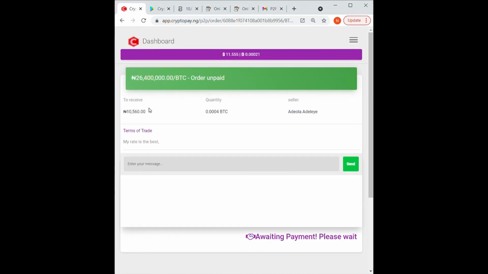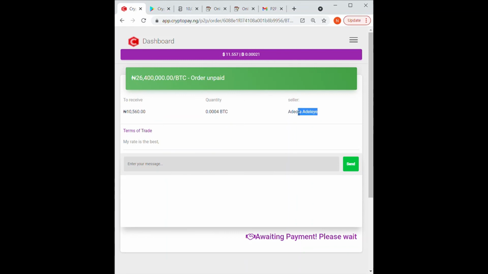This is an order for sell, which means the user is trying to buy this amount of Bitcoin from you. This is the Bitcoin value, and this is the amount the person is supposed to pay according to the rates that you set.